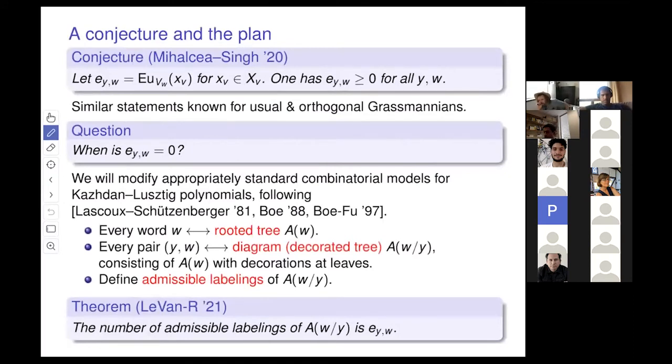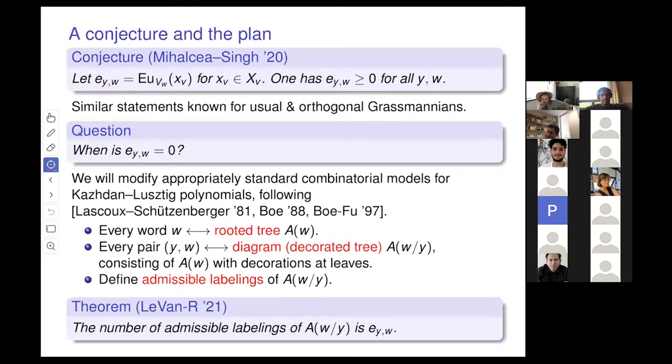All right, so this conjecture of Mihalcea and others about the positivity of Chern-Mather classes really boils down to computing the local Euler obstruction. So again, V_W is the closure of a stratum, a Schubert variety. I evaluate at a point in a Schubert cell. I get a matrix of size 2^n by 2^n of local Euler obstruction coefficients.